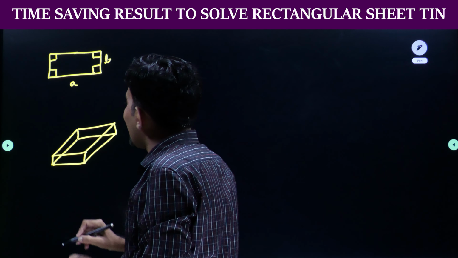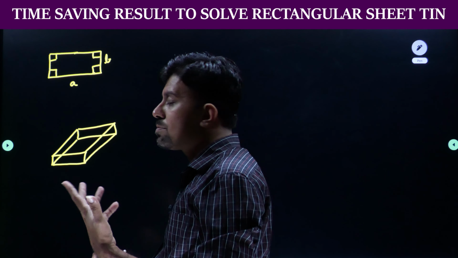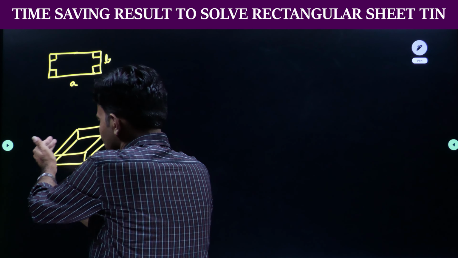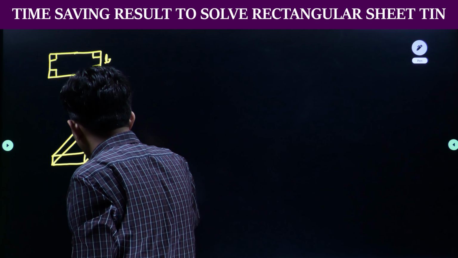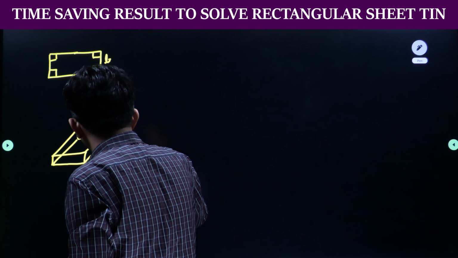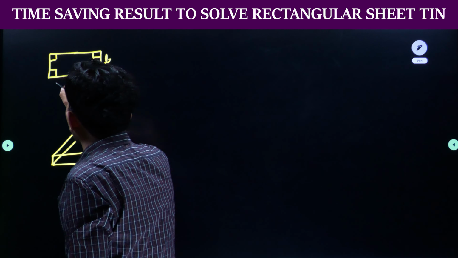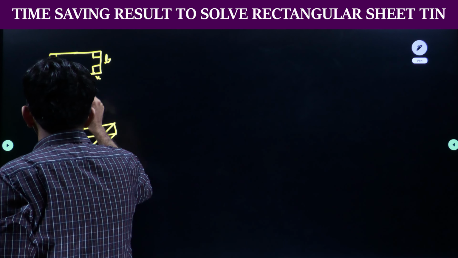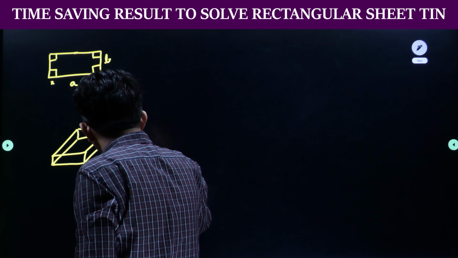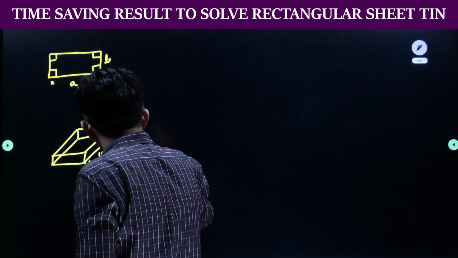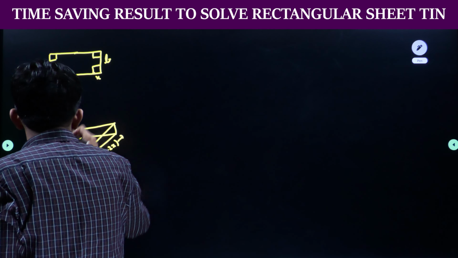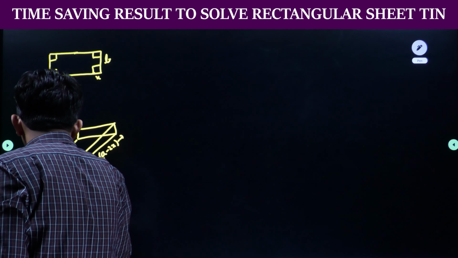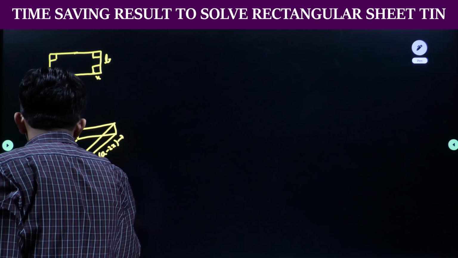A is the length and B is the breadth. Let me just change the shape and reverse it like this. This is A. By cutting a square piece from each corner, X is the side of the square to be cut off. So the resultant length will be A minus 2x, and the breadth becomes B minus 2x.